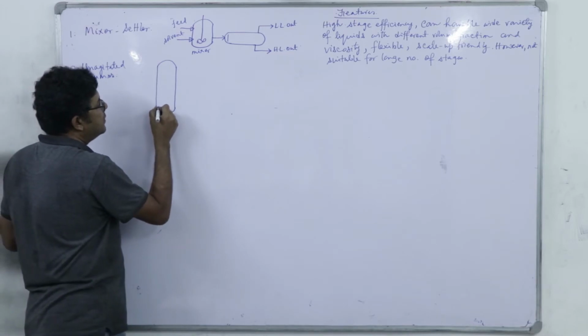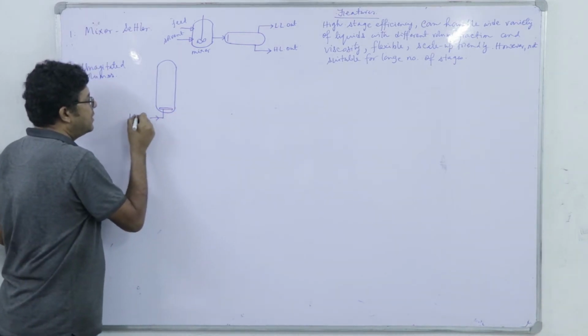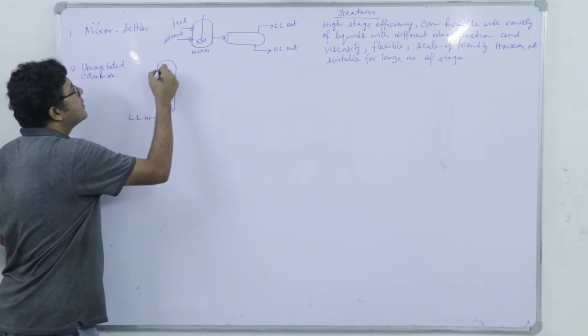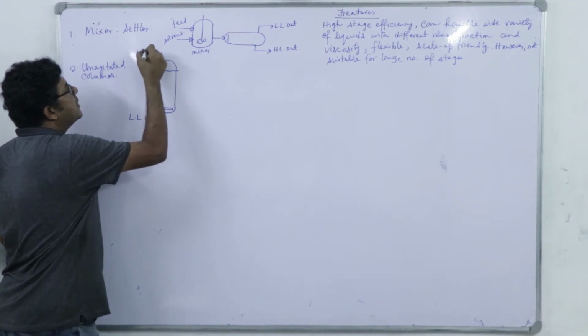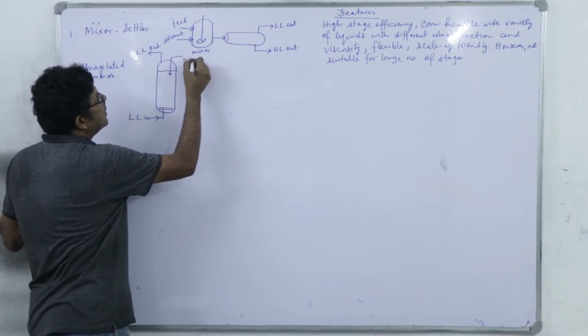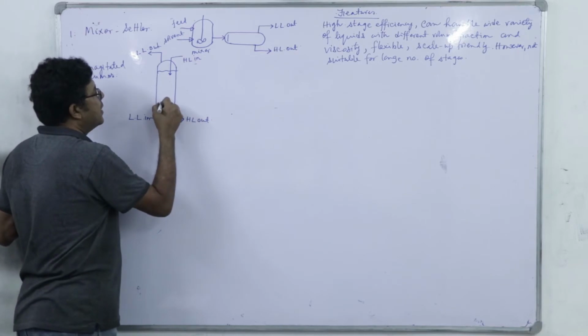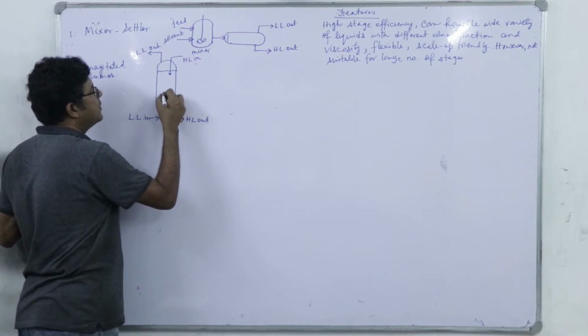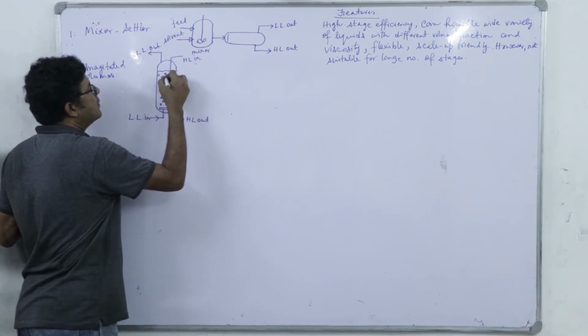Here we have a port, a sparger, light liquid in, then light liquid out, heavy liquid in, and from the bottom heavy liquid out, right, and one of the phases will be dispersed in the other. So, this is the spray column.